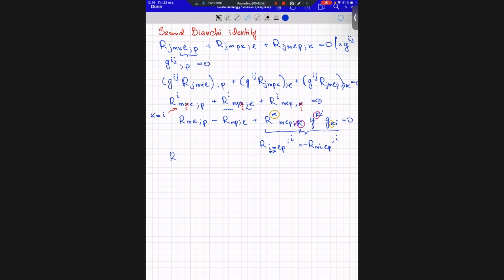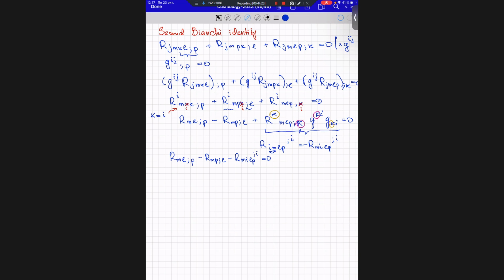So now I will rewrite everything: R M L covariant P, minus R M P covariant L, minus R M I L P covariant I equals 0.